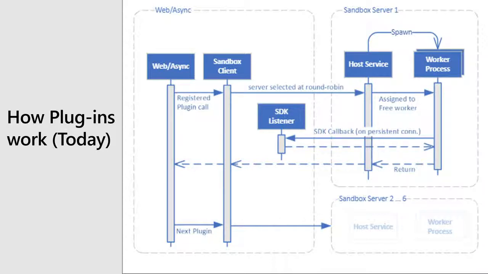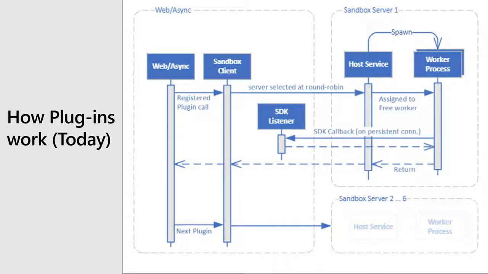So if inside your plugin you are performing any kind of data operations, the data operations will be routed to an internal endpoint, this SDK listener endpoint, and this endpoint is dedicated to any operations that occur within plugins. The reason that it's a separate endpoint is it makes it a lot easier for the system to manage the transactions.